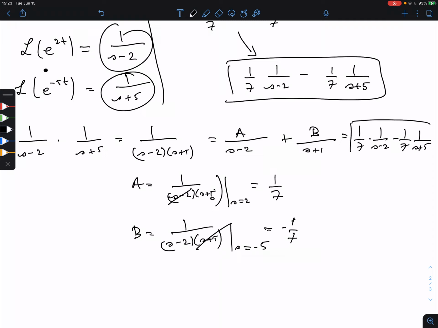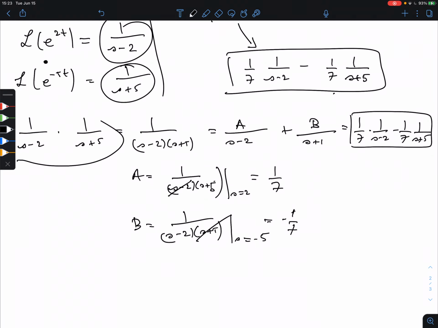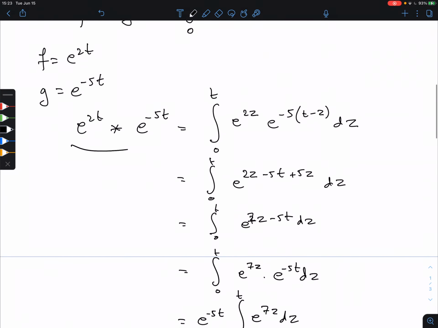Wait a sec, this is the same as this guy. So let's see what this means. This was the product of the Laplace of e to the 2t and the Laplace of e to the minus 5t. What was this guy? That was the Laplace of the convolution product of these two.